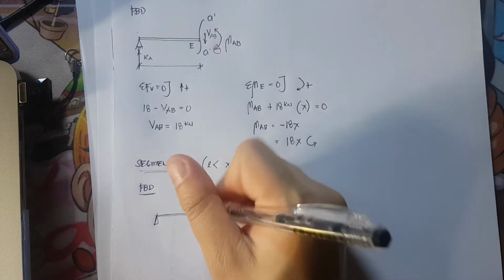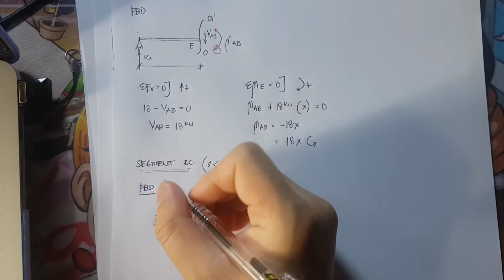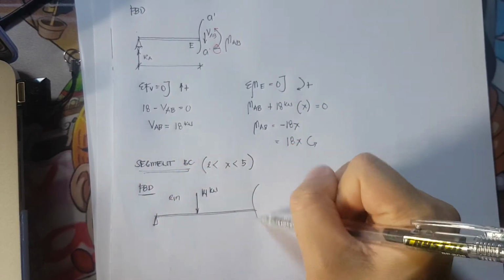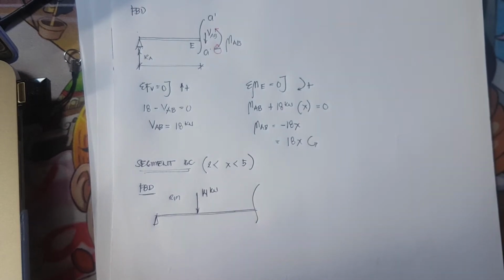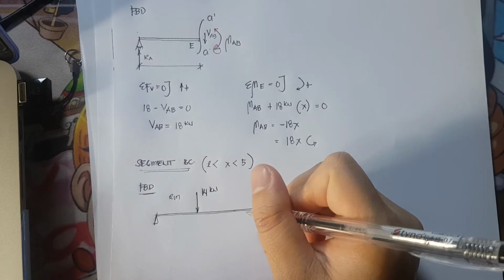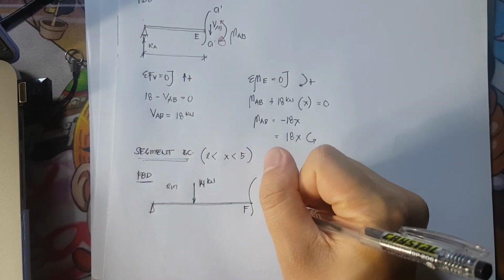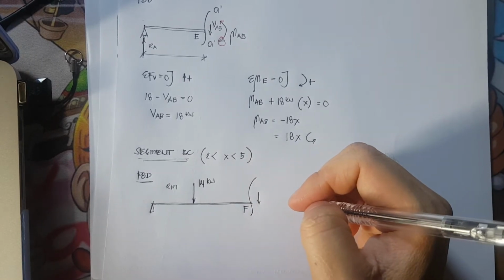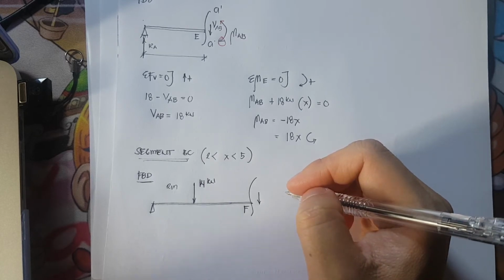So I have here 14 kilonewtons. We have 2 meters. Then I have here my cutting plane, and I assign this as point F. Again, I'll assume my shear, which is positive, to be downwards.